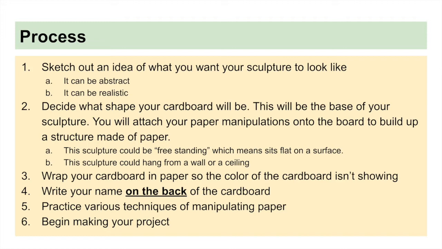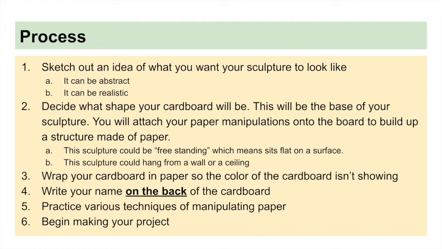You're going to decide the shape of your cardboard. You're all getting rectangles, but that doesn't mean that you have to stay with a rectangle. You could create a different shape. And then this will be the base of your sculpture. So you're going to attach your paper manipulations onto the board to build up a structure made out of paper.